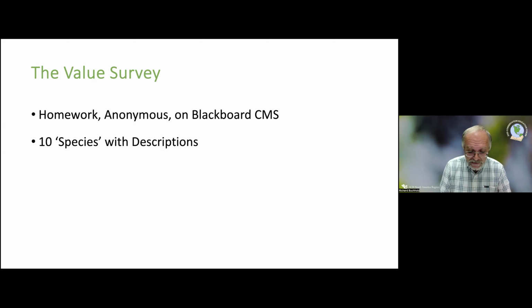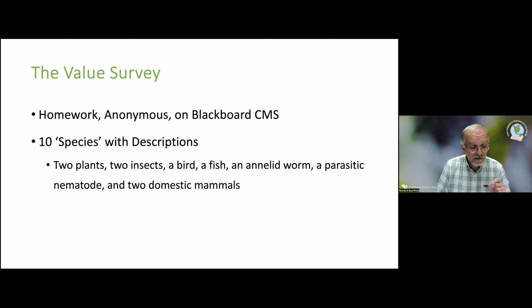So who are these 10 species? I actually picked these species carefully. I wanted to have a cross-representation of various organisms on the planet. So I have 2 plants, 2 insects, a bird, a fish, an annelid worm, like an earthworm type worm, a parasitic nematode, which we might also call a worm because it looks wormy, but it's unrelated to other worms.